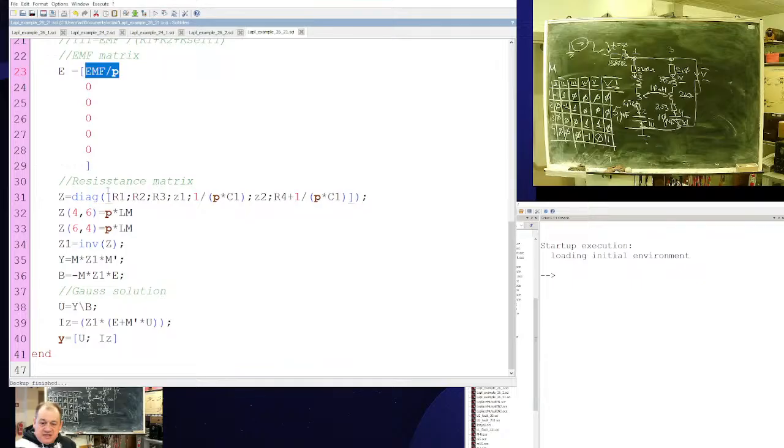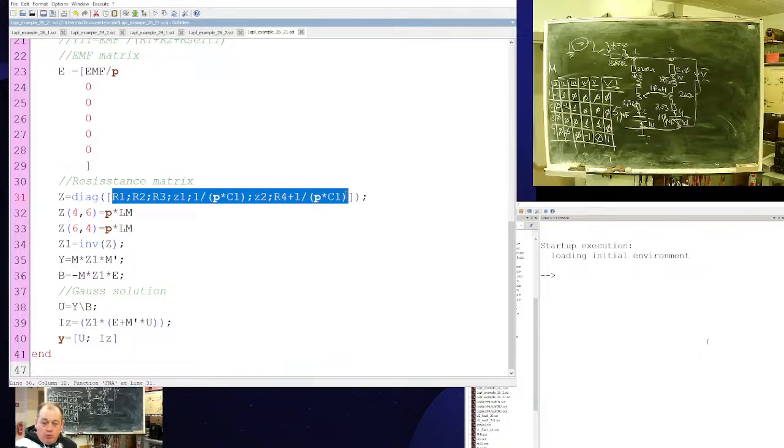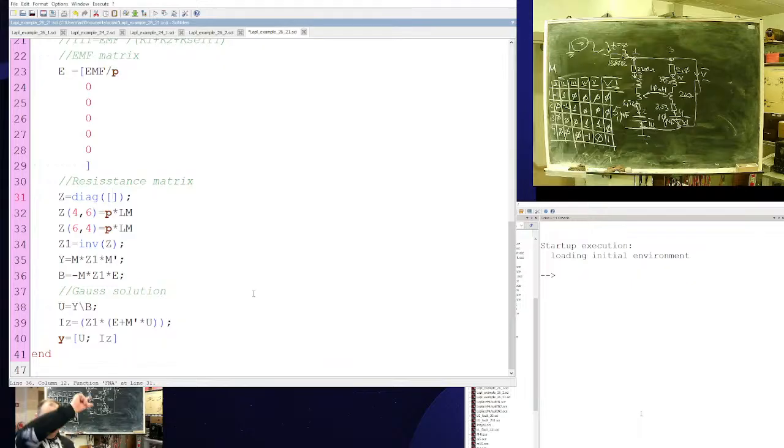Now, this part here I need to put into the diagonal of that matrix. It's a matrix of resistance. It's square. Column corresponds to the number of branch and row the same number of branch.